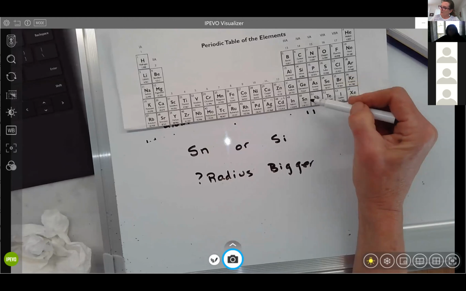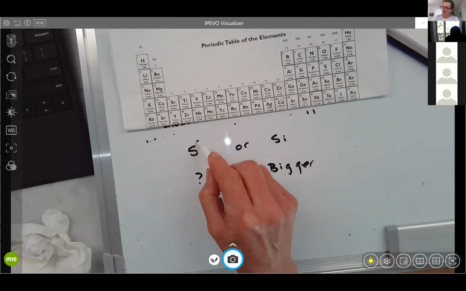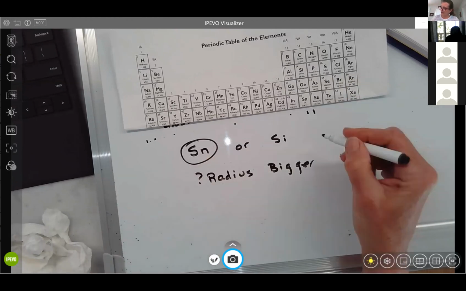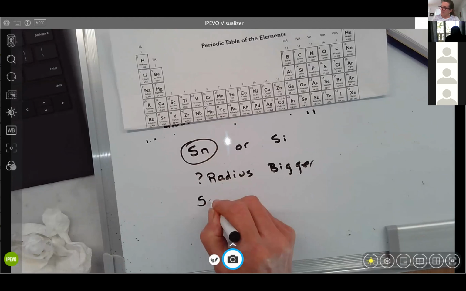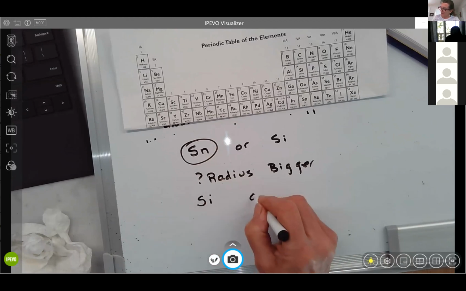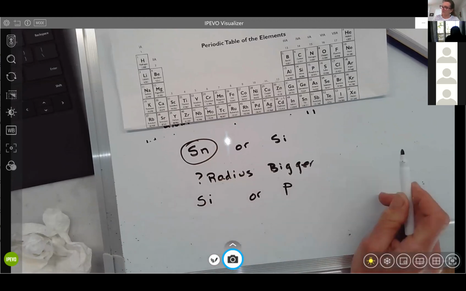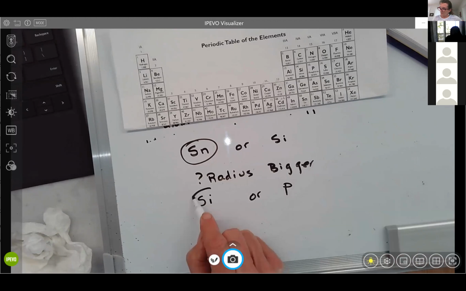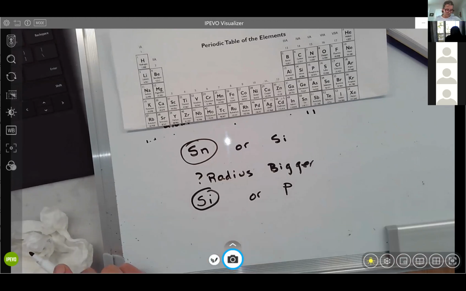Silicon or tin, which one's bigger? Tin. Yeah, because it's down the periodic table. What about silicon or phosphorus? Which one's bigger? Silicon. Yep. Okay, so you guys feel okay about periodic trends?